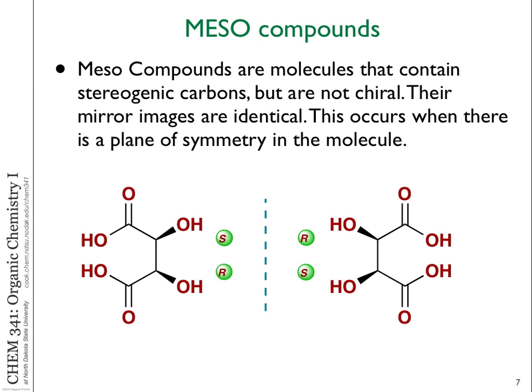Meso is a term we use to represent molecules which actually have asymmetric carbons, that is, carbons that are stereogenic or chiral carbons, but overall the molecule has a plane of symmetry, so its mirror image actually happens to be identical. So these are the same molecule exactly, even though it's a mirror image.